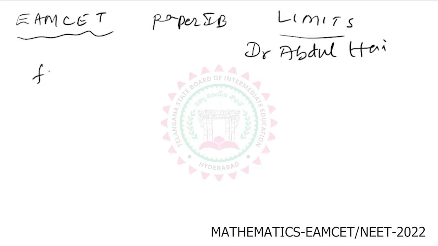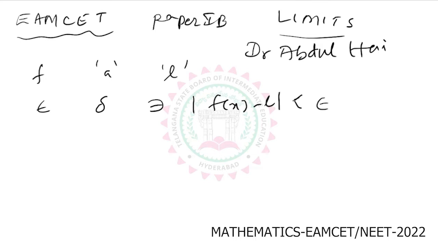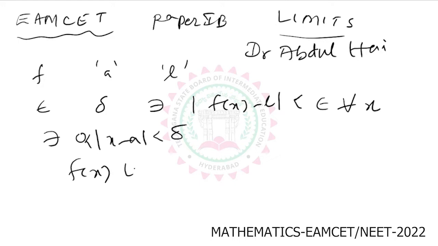Suppose f is a function defined over a deleted neighborhood of some real number a, and there is a real number L. If to every positive number epsilon there exists some positive number delta such that mod of f of x minus L is less than epsilon for all x such that mod of x minus a is greater than 0 and less than delta, then we say that f(x) tends to L as x tends to a.